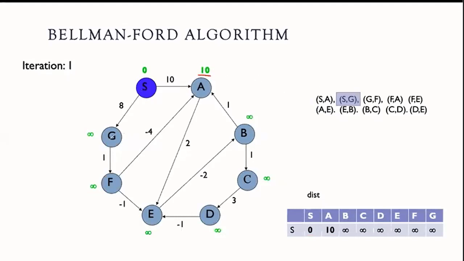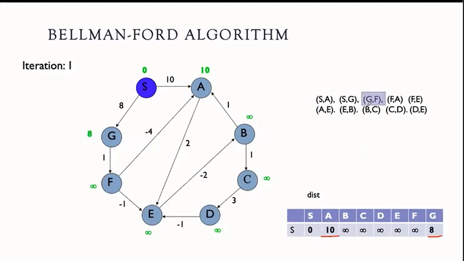Next, consider edge SG. Distance of G is infinite. Now 0 plus 8 is less than infinite. So update the distance of G to 8. Okay, G weight I have updated, A weight I have updated.